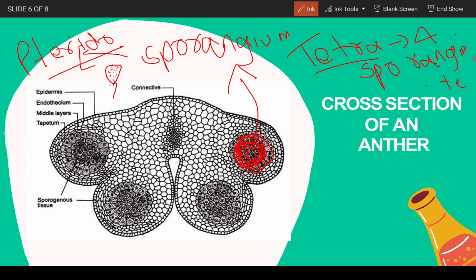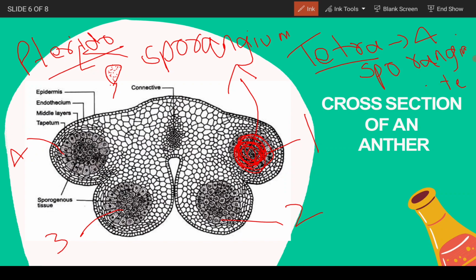Once again, tetrasporangiate: 4 sporangia are present in the cross section of the anther. This is 1, this is 2, this is 3, and this is 4. Going very slow on this, since these are very important concepts regarding the structure of anther, which people often confuse.